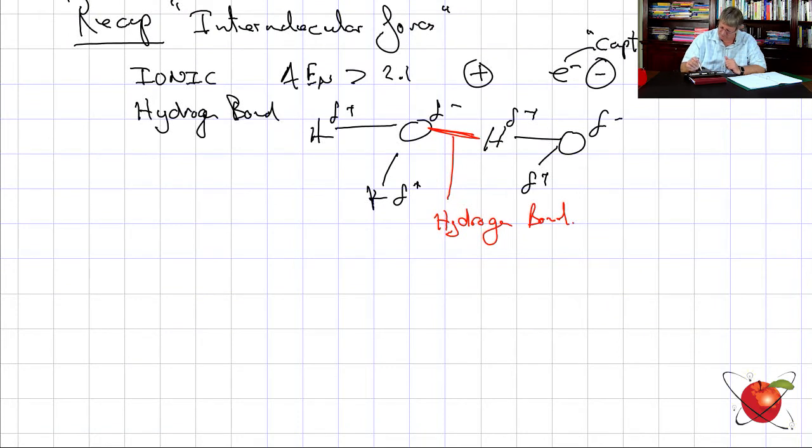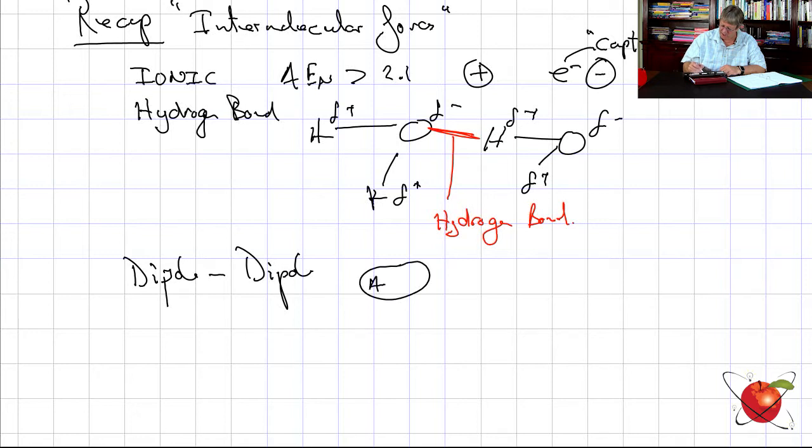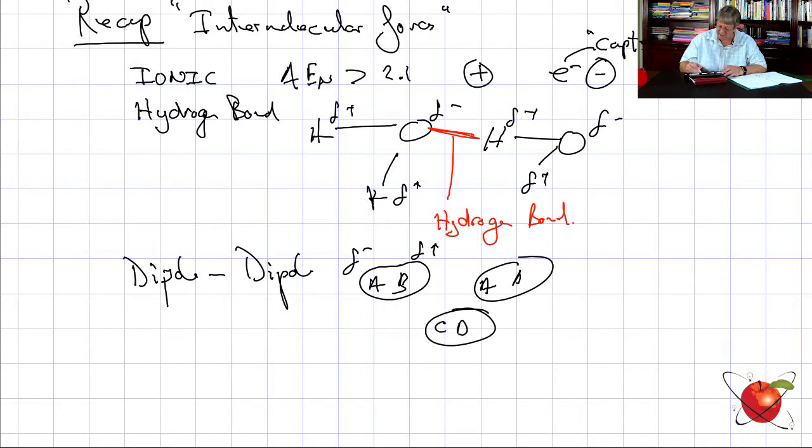Now the next one that I'm going to do is a dipole-dipole. Dipole, dipole. Remember, that was A and B. This side was positive. This side, doesn't matter which is which. This will be attracted to either A and B, or it could even be a C and a D. Anything with a negative and a positive side.